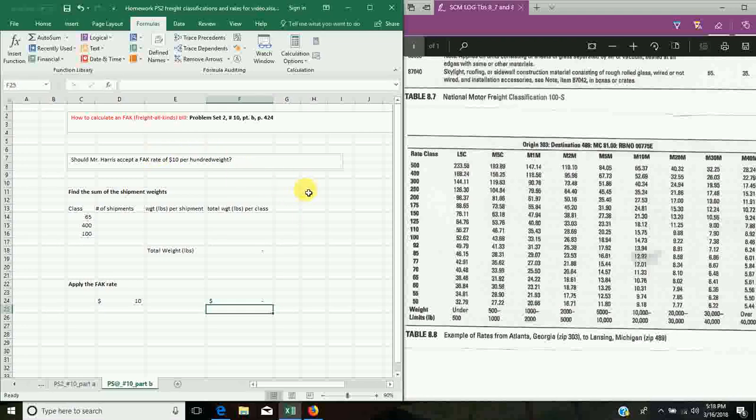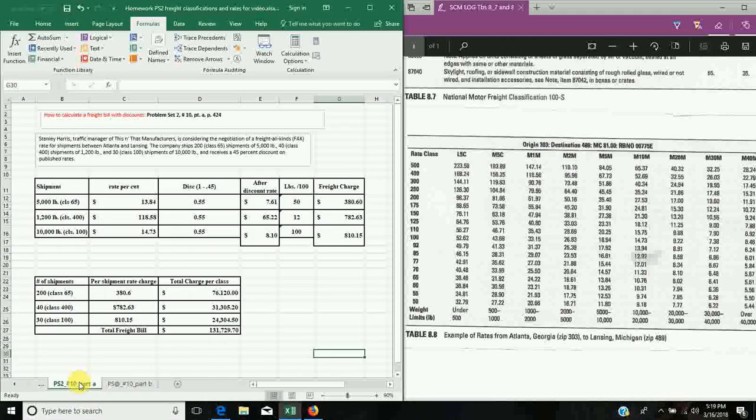Well, the first thing you got to do is figure out the total poundage, because in using the FAK rate, you got to figure out how much everything weighs. Okay? And to do that, for your class weight, we have to put in some numbers here. For Class 65, Class 400, and Class 100.